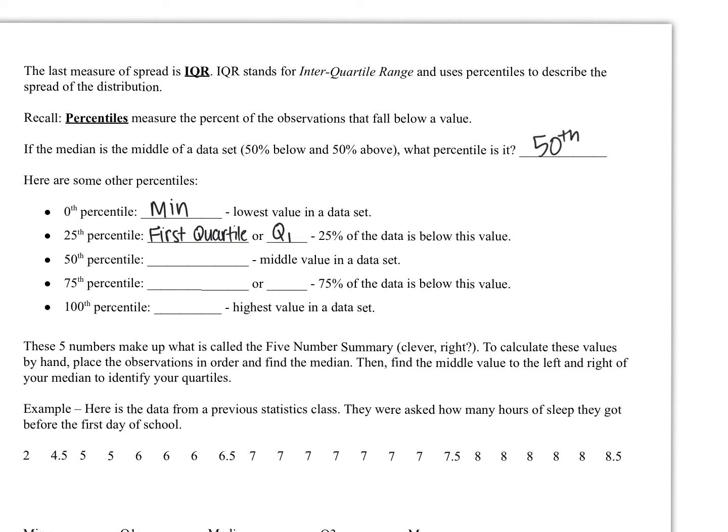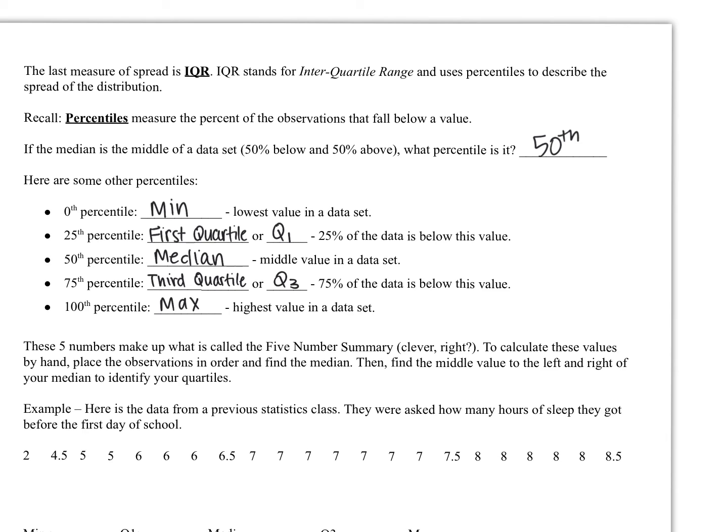So 25% of the data is below this value. The 50th percentile, that's the median. It's where the middle is. The 75th percentile is known as the third quartile, which we abbreviate Q3. It tells us 75% of the data is below this value. And then we have the 100th percentile, which we refer to as the max. It's the highest value in the data set.